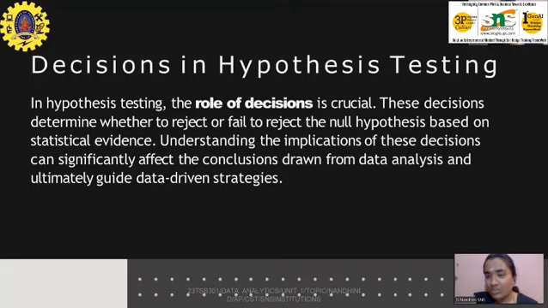Understanding the implications of these decisions leads to a conclusion. So we are declaring whether it is the null hypothesis or the alternative hypothesis. If the null hypothesis gets rejected, then what is the alternative that gets accepted? That is one understanding, one decision in testing.